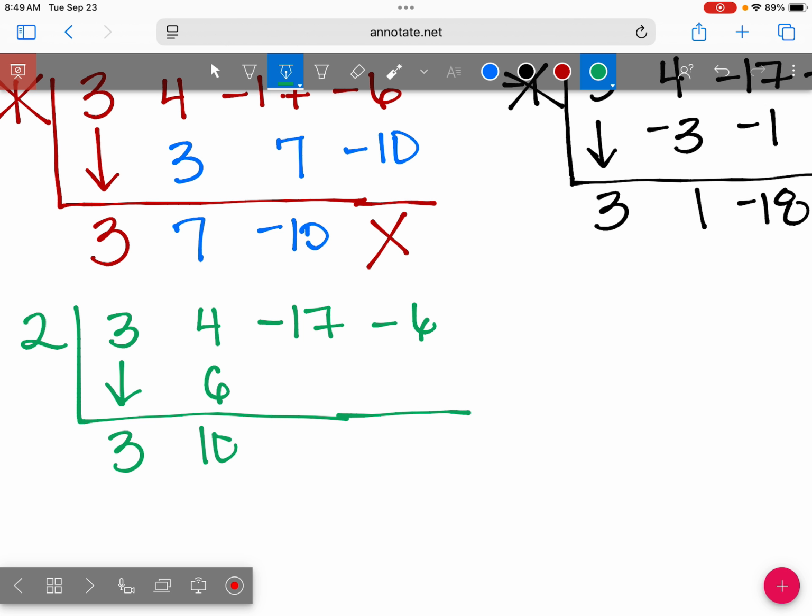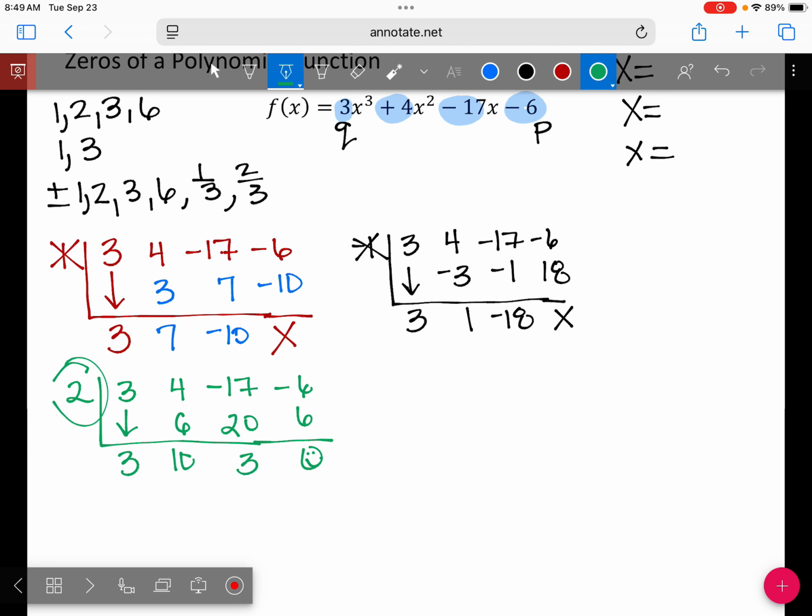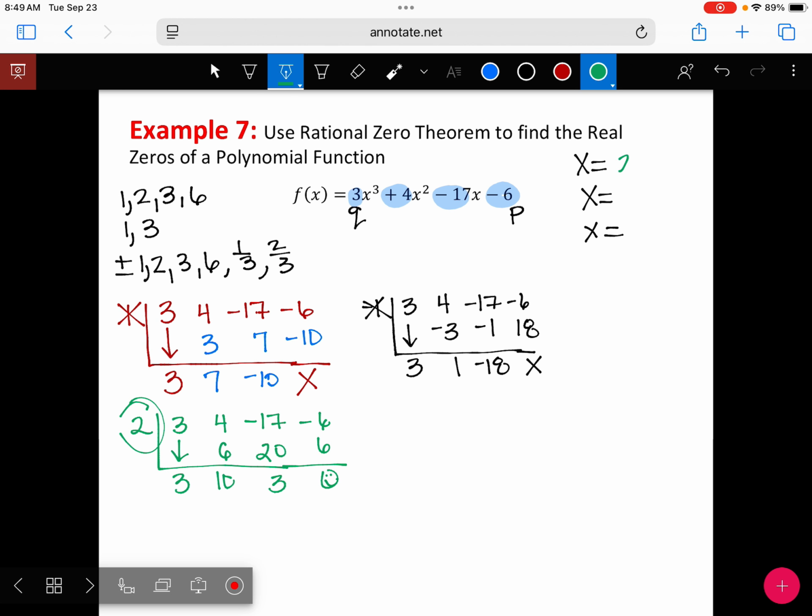What do you get when you add? Negative 17 plus 20. 3. 2 times 3 is... Okay, look at that. We got a 0. So we got one of our answers. So I'm going to go back over here. I figured out one of my answers is 2.